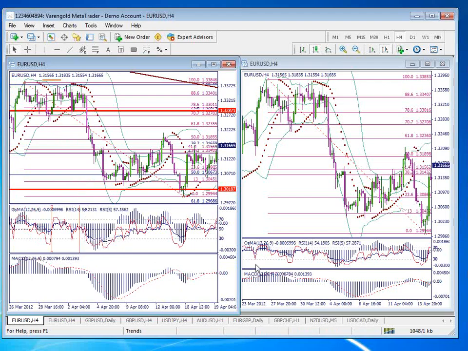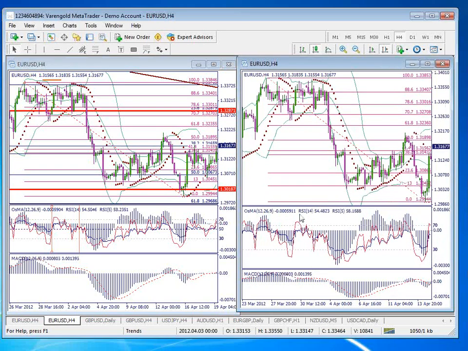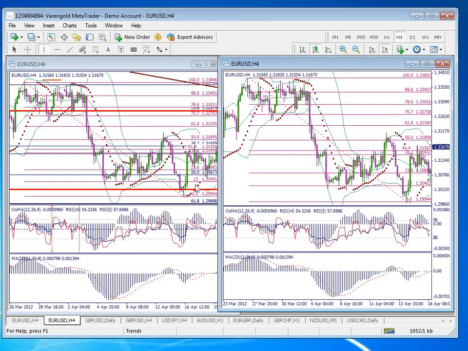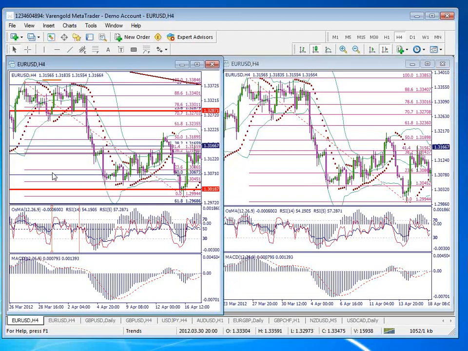So we have the signal here. I'm looking for exactly the same point for the signal.